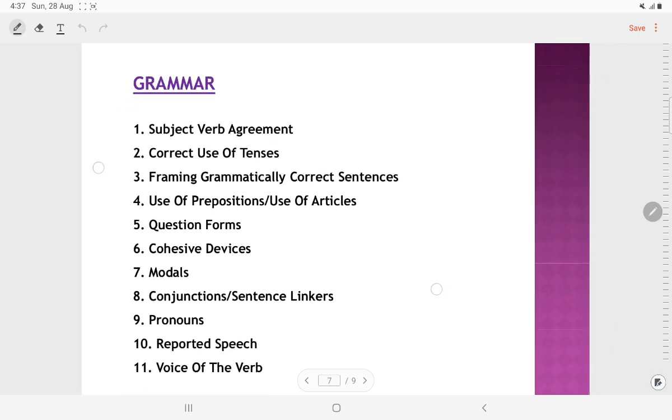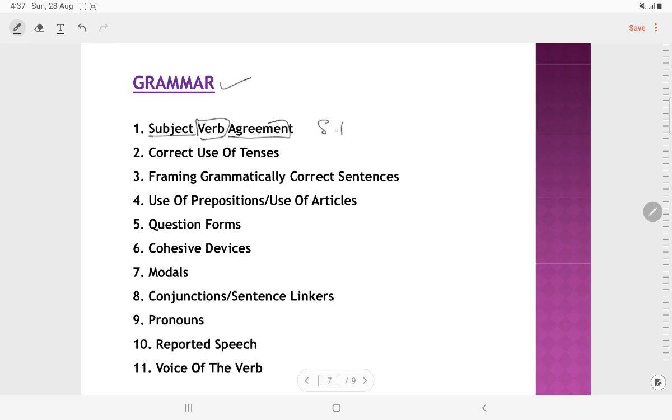Here we have to discuss the grammar part, like subject verb agreement, the S plus V plus O formula, and correct use of tenses. The next one is framing grammatically correct sentences, or correct usage of language.